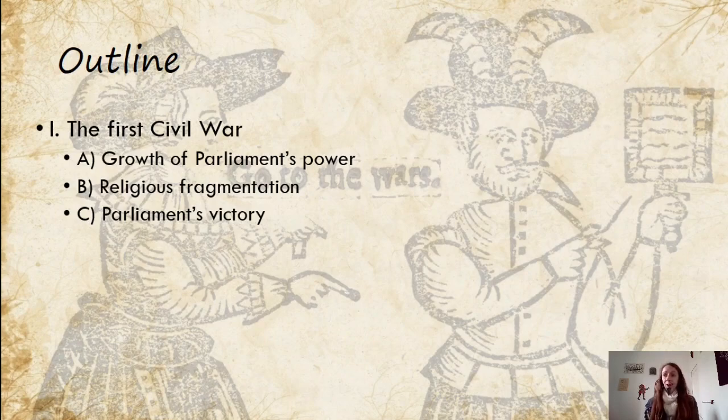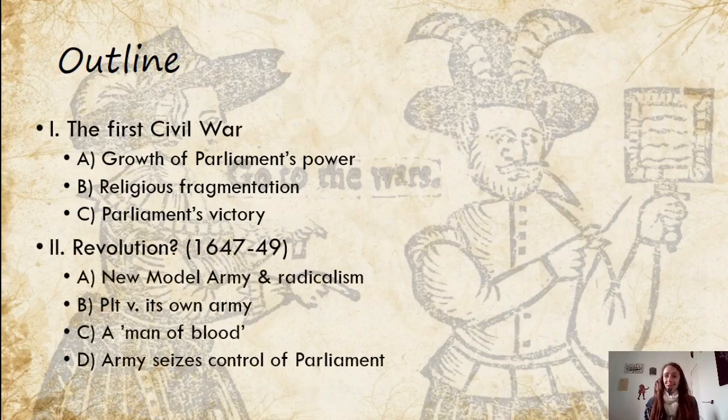On the menu, we'll first discuss the Civil War itself, and we'll talk about the growth of Parliament's power, religious fragmentation, and how it eventually ended with Parliament's victory. Then we'll wonder whether these events constitute a revolution. We'll talk about the New Model Army, Oliver Cromwell and radicalism, the Parliament fighting its own army in a sense, with dissensions within itself.